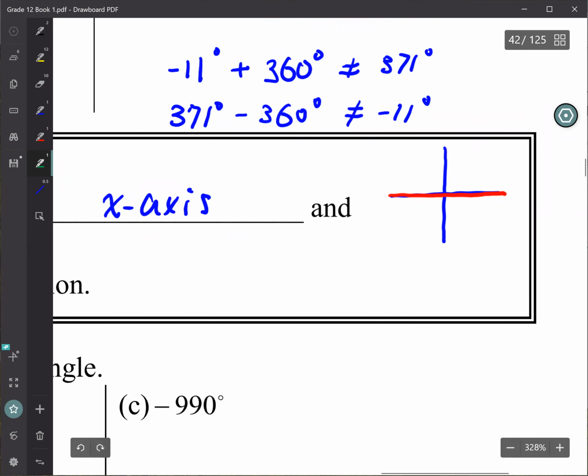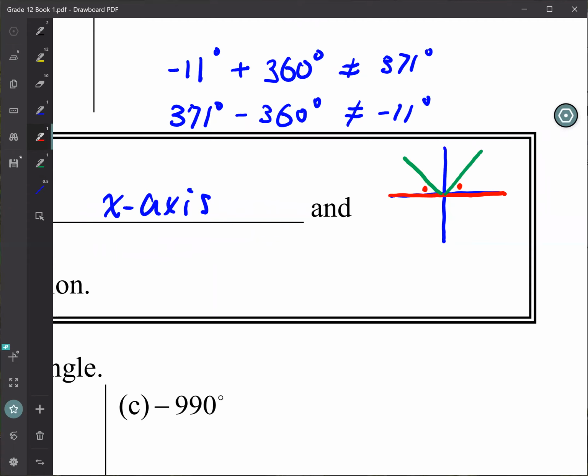The angle always starts from the right side. If the terminal arm stops in quadrant 1, then our reference angle will be this one. And if the angle turns to the second quadrant, then the reference angle will be over here, because it's between the terminal arm and the x-axis.